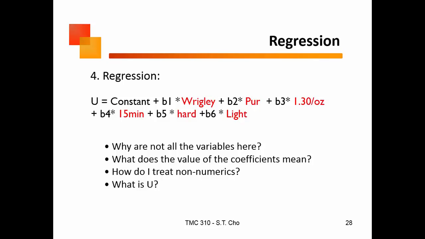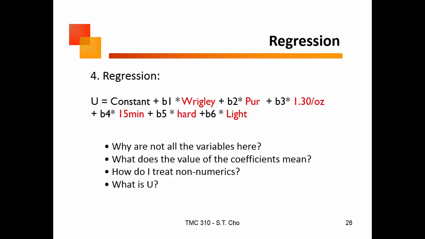And then once I get all my data where I have customers rank how much they like each combination, I can use regression. That means I can just curve fit it. Part of the reason why all the variables aren't here is that if Wrigley and Pure are 0, then it means double bubble must be the brand that people choose.